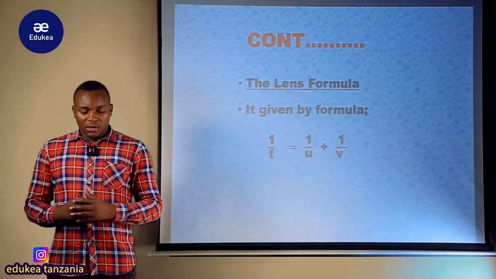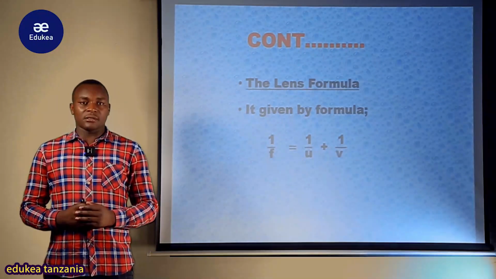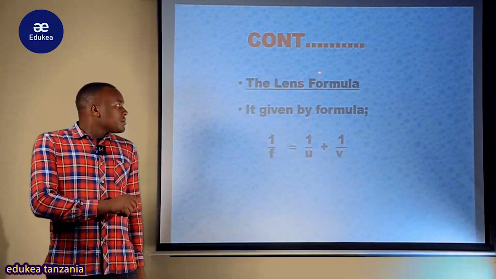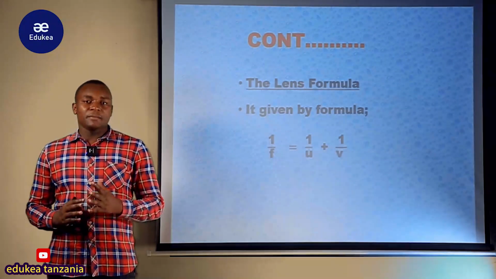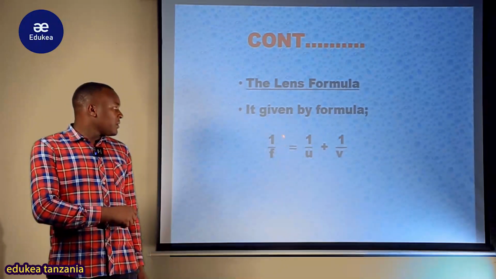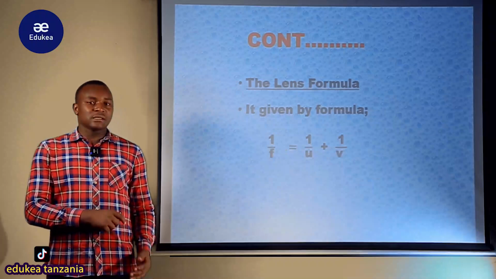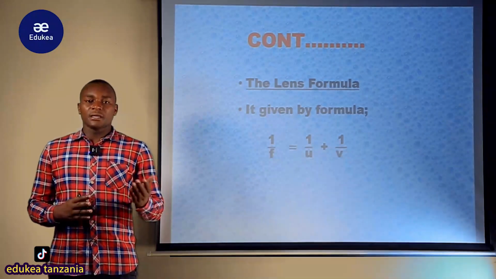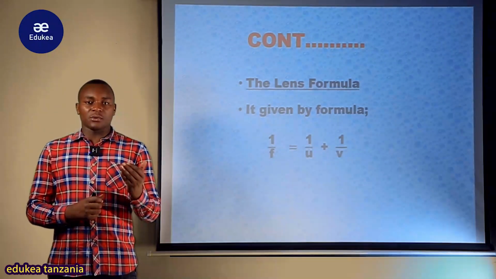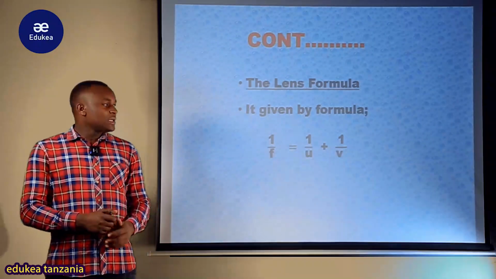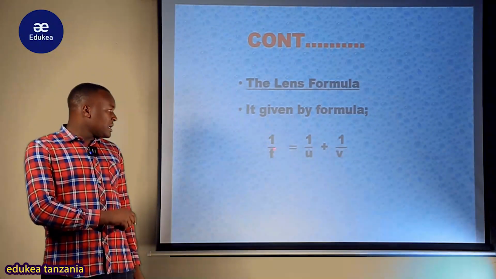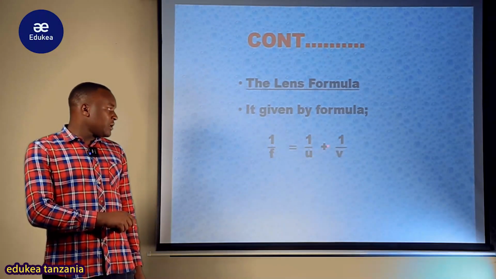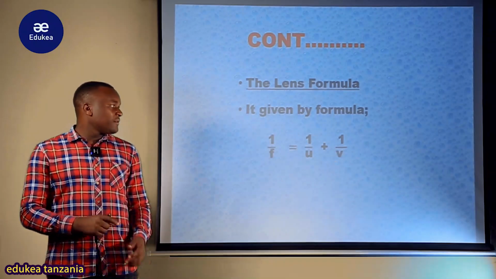Okay, also there is another thing called the lens formula. So the lens formula is given by taking 1 over focal length is equal to 1 over object distance plus 1 over image distance. So ukichukua moja chini ya f sawa na moja chini ya u ukijumlisha na moja chini ya v.